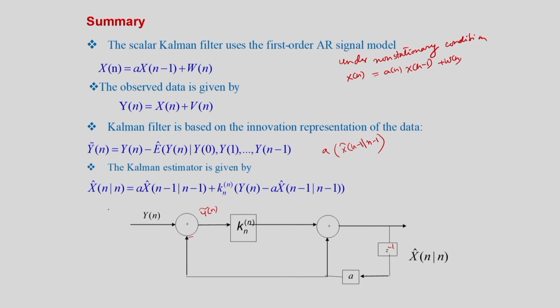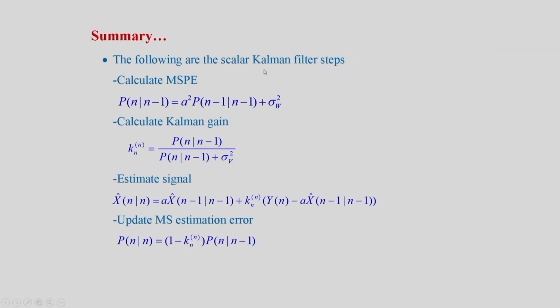This y tilde n is multiplied by the Kalman gain and then added with the predicted value x hat at n given n minus 1. This is the predicted value plus the corrected value K n times y tilde n. So, that will give us the estimator x hat at n given n.